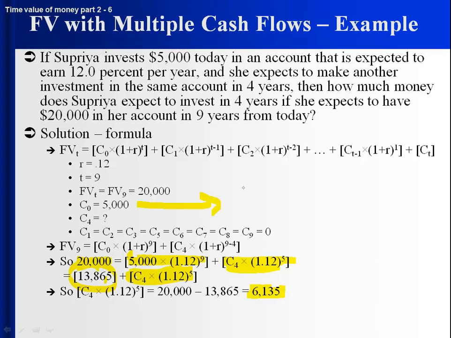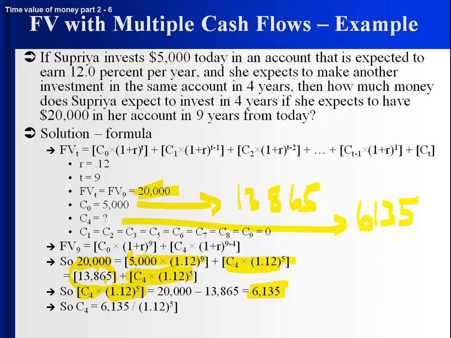The two of them together is 20,000, so therefore the mystery cash flow has to compound to 6135. And so now we know what the cash flow is that if we put in and it compounds for 5 years, then 5 years later will be 6135.